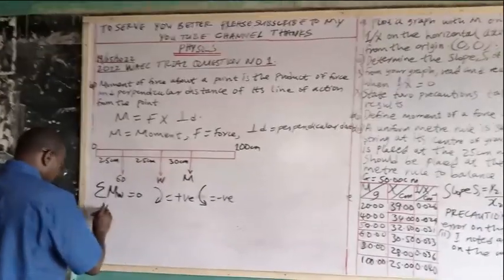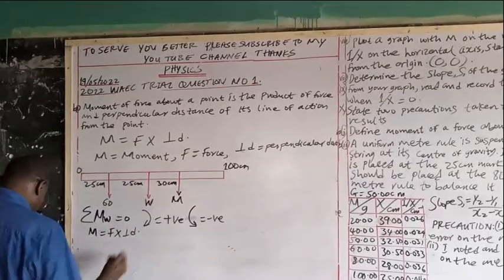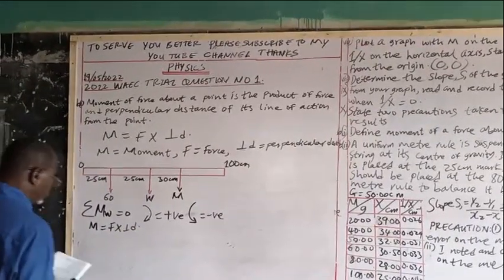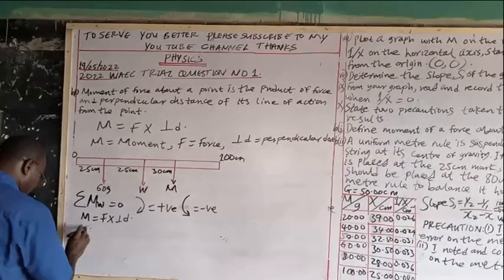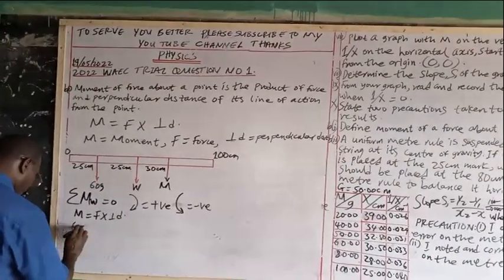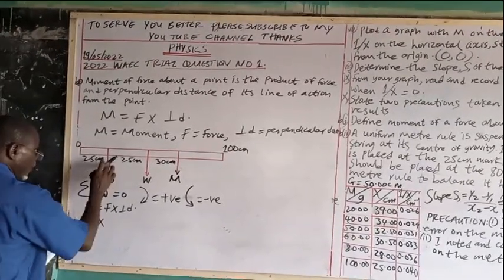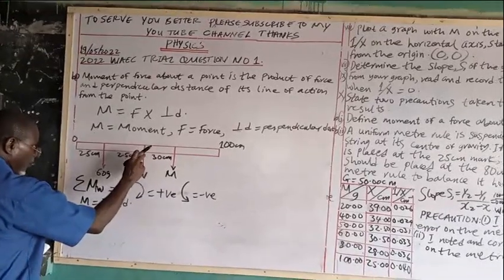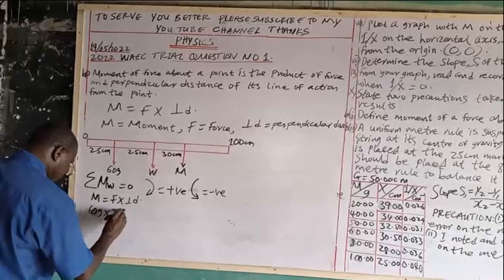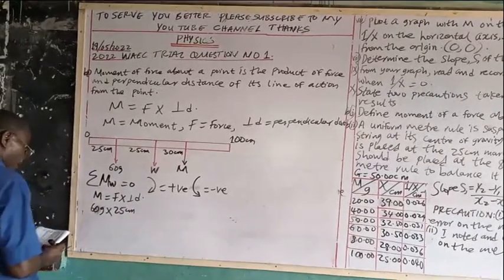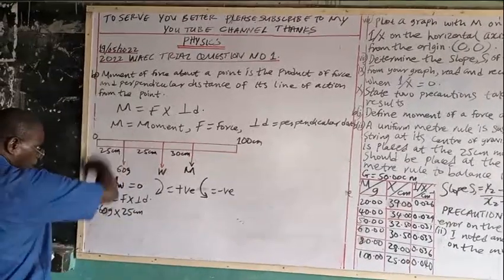Formula M is equal to force times perpendicular distance. 60 g times perpendicular distance between the point where we take the moment and 60 g is 25 centimeter. This is minus, this is anti-clockwise.